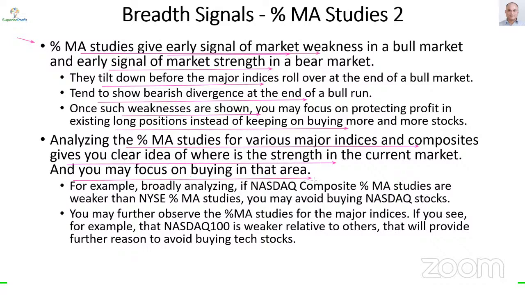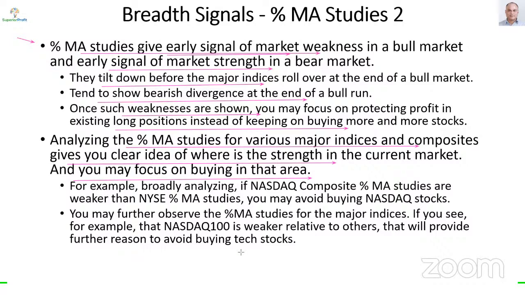So total view may be showing that percentage MA above 50-day moving average tilting down. So you know market is weakening. Then you will drill down to see, is there strength in small caps by studying the market breadth layout of Russell 2000, or is there strength in NASDAQ 100? You can study the individual breadth charts.